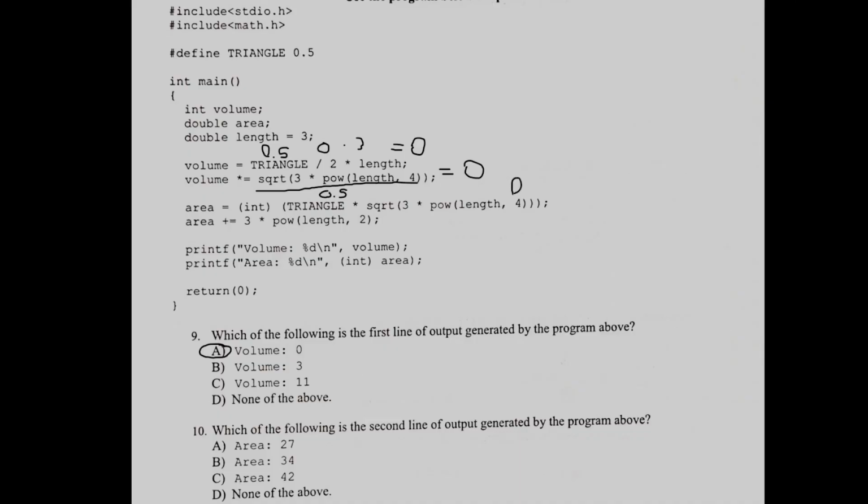So this becomes 0.5 times the square root of 243, which is going to be equal to 7.7 something. But we're casting to an int, so we're going to chop this off, and it's just going to be equal to 7.